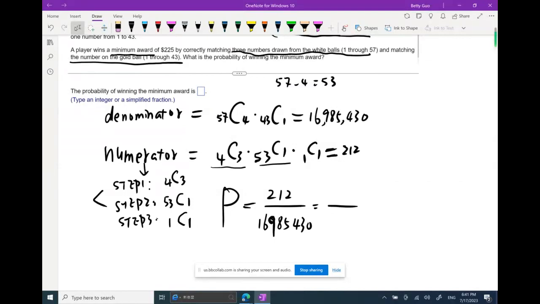We would have to manually reduce. So let me see. Divided by 2, the numerator would be 106, and the denominator would be 8,492,715.